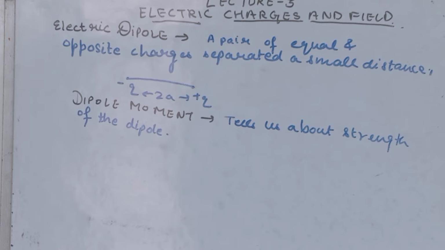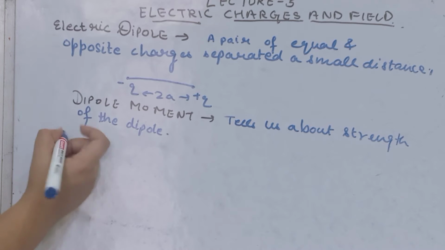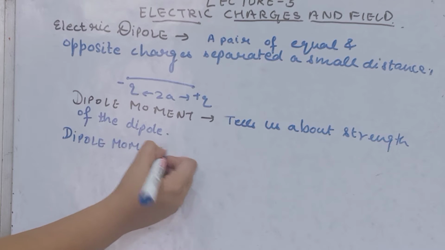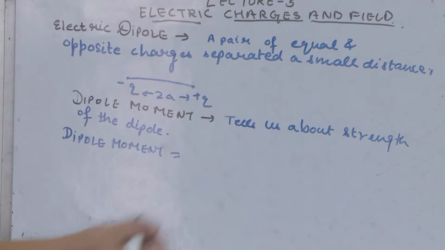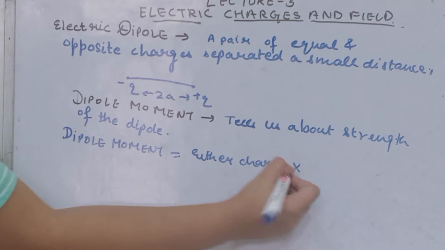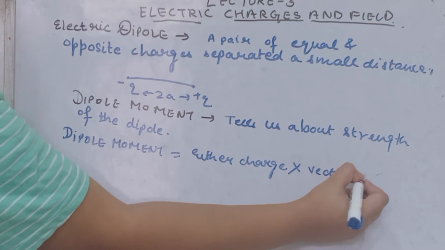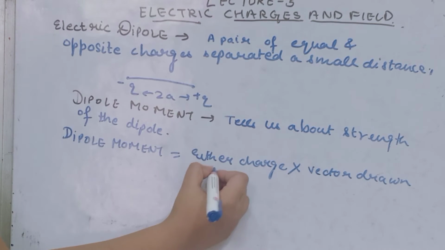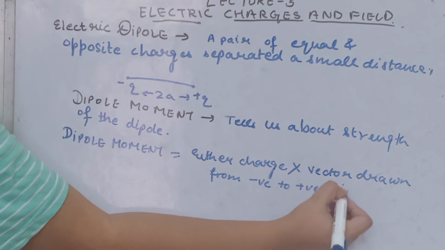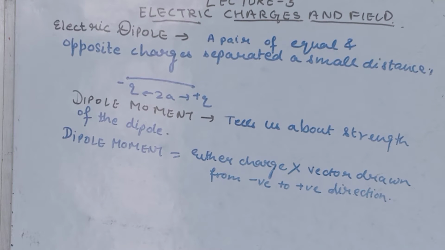We can calculate dipole moment by the formula: dipole moment is equal to either charge multiplied by the vector drawn from negative to positive direction. So this is how we can calculate the dipole moment.